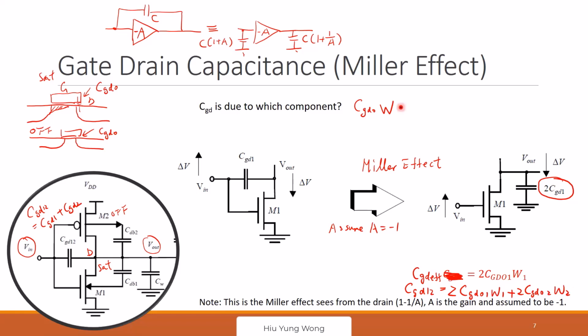Basically, what I'm saying is that this drain cap CGD is just the CGDO of both of the transistors. But because of the Miller effect, they get doubled. So it becomes 2 CGDO1 W1 plus 2 CGDO2 W2. That's it. Any questions?